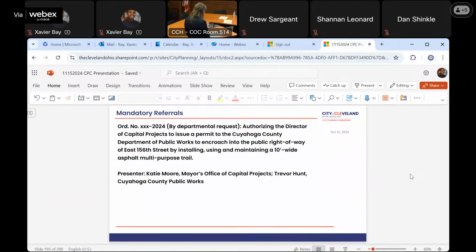Cuyahoga County is seeking approval to encroach on the public right of way of East 156th Street and Shore Acres Drive to install and maintain a 10-foot wide asphalt multi-purpose path. This is required in order to connect the trail from Shore Acres Drive to its endpoint at the Lakefront Park. I have Trevor Hunt from the county here who is going to walk through a few slides and any questions.